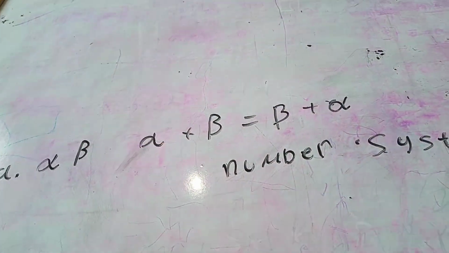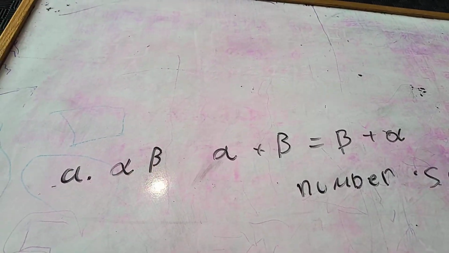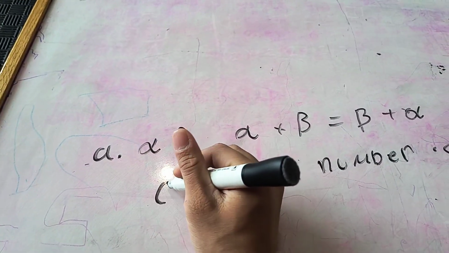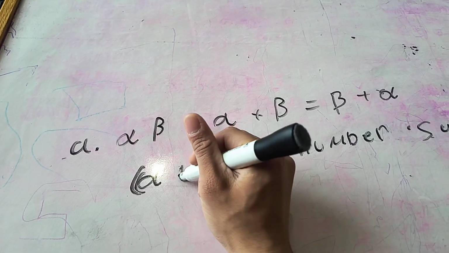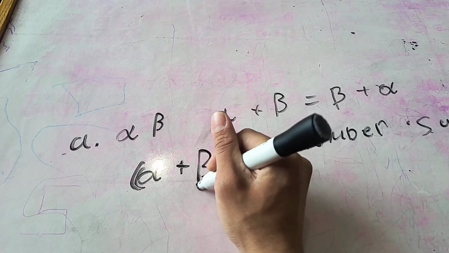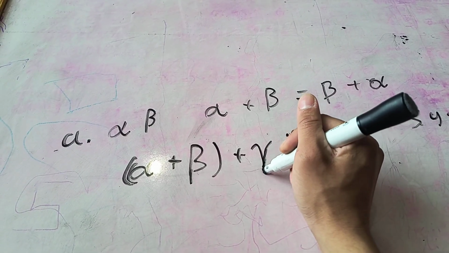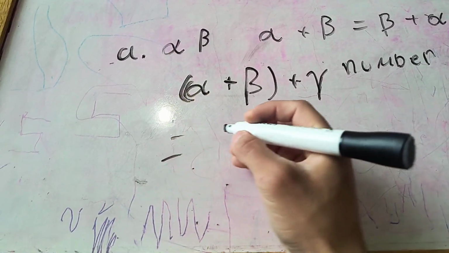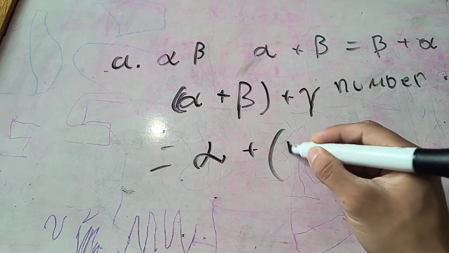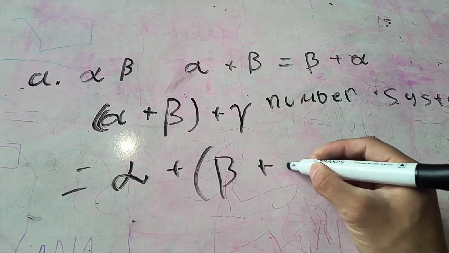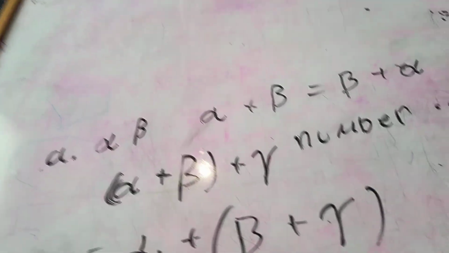And for any three numbers in K, parentheses alpha plus beta, plus gamma, is the same thing as alpha plus parentheses beta plus gamma. That's another rule it has to follow.